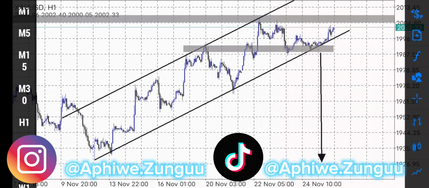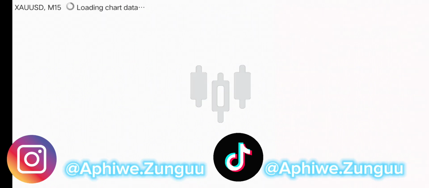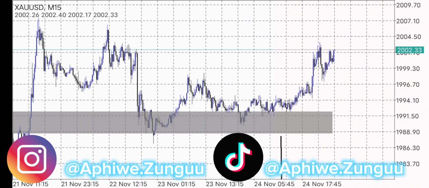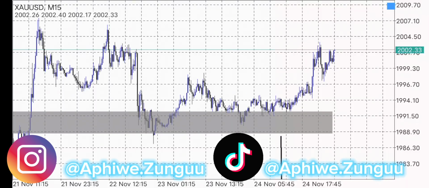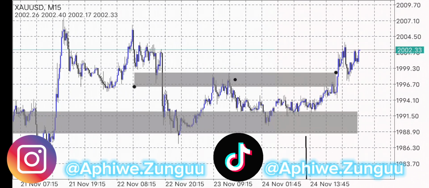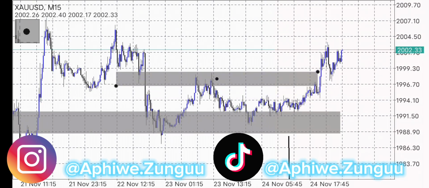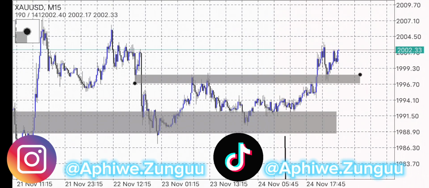So guys, let me go to the 15-minute time frame to show you what I mean by higher highs and higher lows. As I told you about the market creating a high, as you can see, the market created a high right there, and from that high it was tested. You must know that every time a market breaks a level, it will come back to test, no matter what.